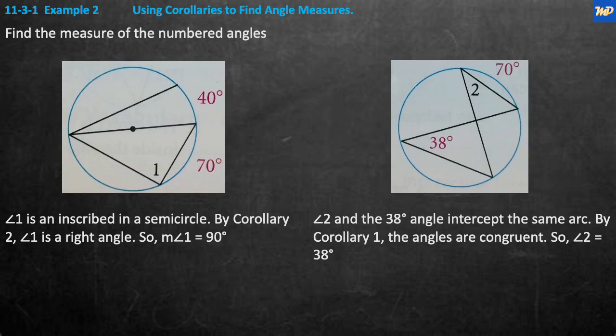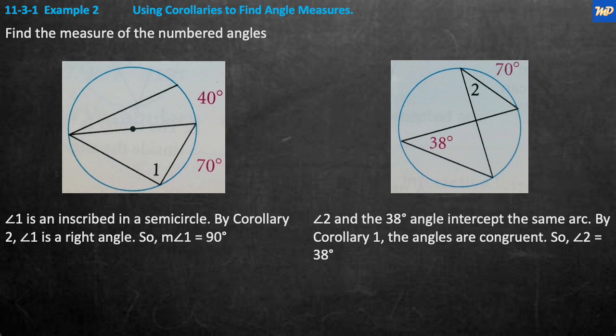Okay. Finding the measure of the numbered angles. Example 2. So what do we have? The numbered angle is 1. Right? That's what they want. Well, corollary 2 from our list just previously says that an angle inscribed inside a semicircle is 90 degrees.